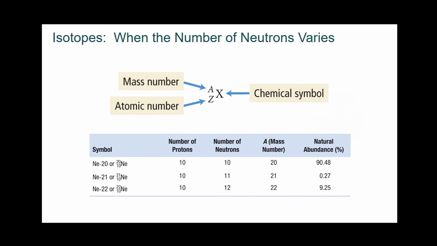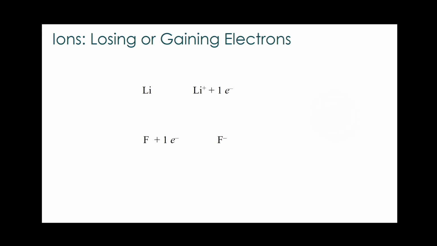Okay, so when you're reading the periodic table, again, this is just a refresher. It's presented different ways, but often like this, where you have the symbol, then you have the mass number, which is the protons and neutrons combined, and then you have the atomic number, which is the number of protons. So remember, an ion is an atom that has either gained or lost an electron.